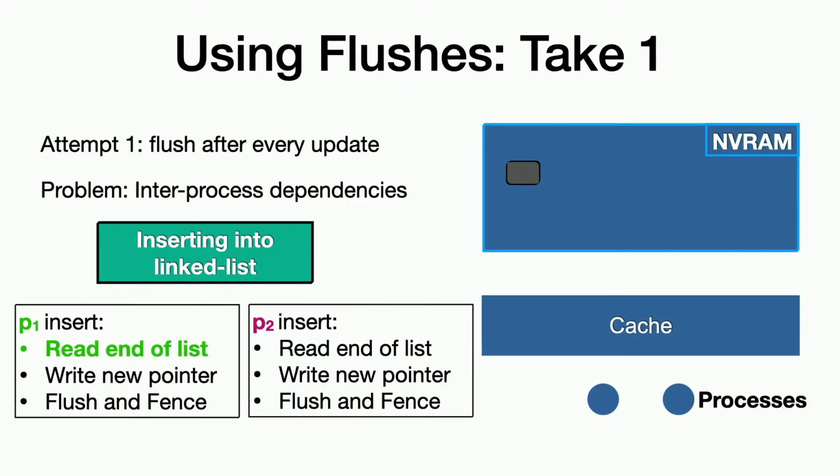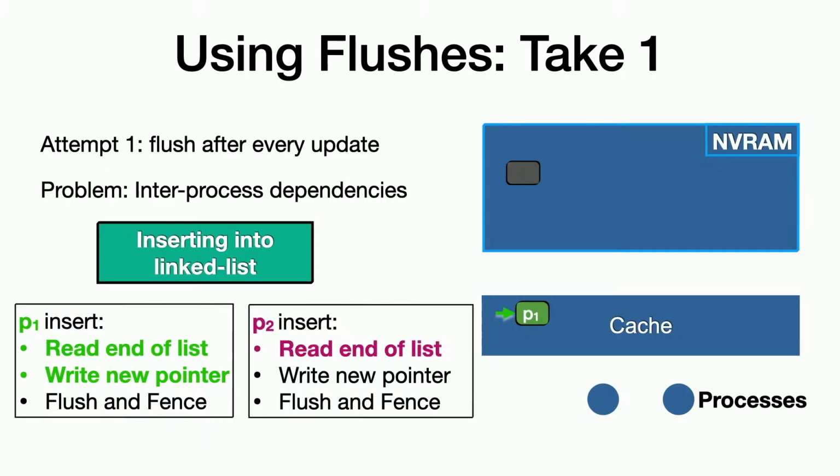So we can look at what might happen. It could be that thread 1 reads the end of the list, writes in its new pointer and its new allocation, and pauses before it flushes. Then we have another thread that does the same. It comes in, reads the end of the list. This time it sees that this is the end of the list, writes a new pointer and a new node, and then flushes its own new node.